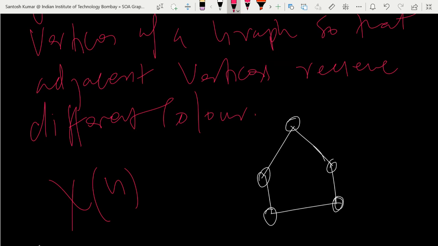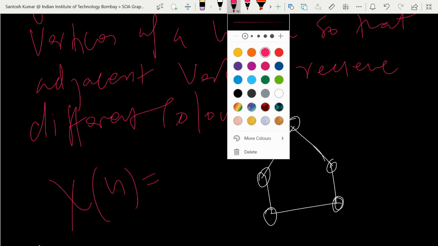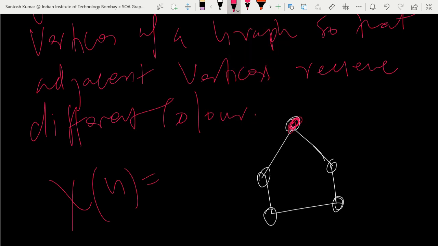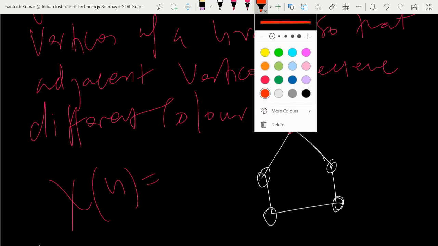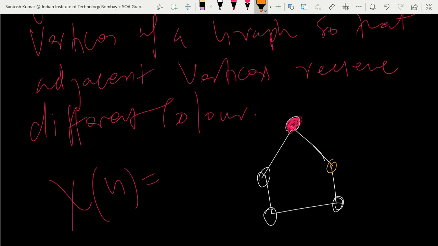So you can think of, suppose I start with the red color here. Next, suppose I change the color, like black here. Or let me name it directly: the first color you take here, simply. Here you cannot take the first color, you have to take the second color.